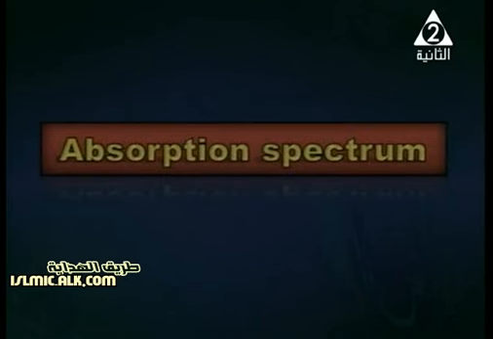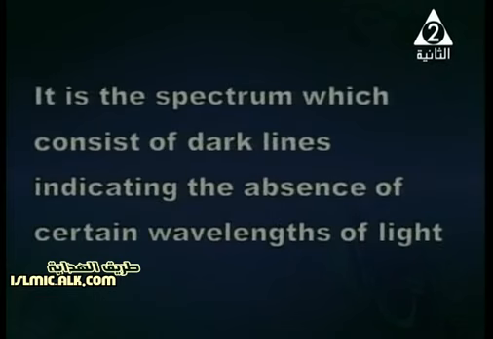And now it's high time to talk about the last spectrum, dark line spectrum or absorption spectrum. Definition of this spectrum: it is the spectrum which consists of dark lines, not colored lines.